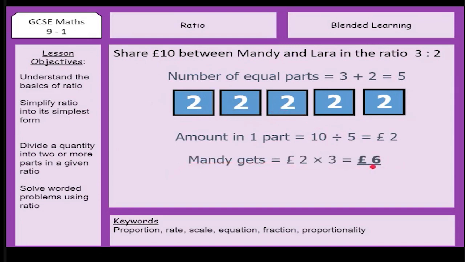So Mandy gets £6. Lara gets 2 parts. These two here, 2, 4. So we're doing 2 multiplied by 2, which gives us £4.